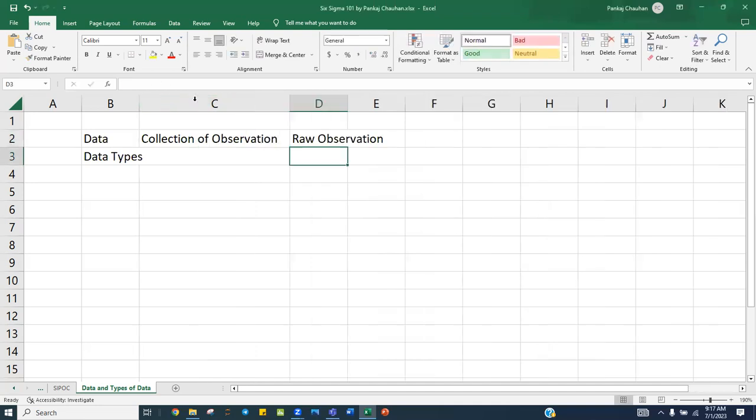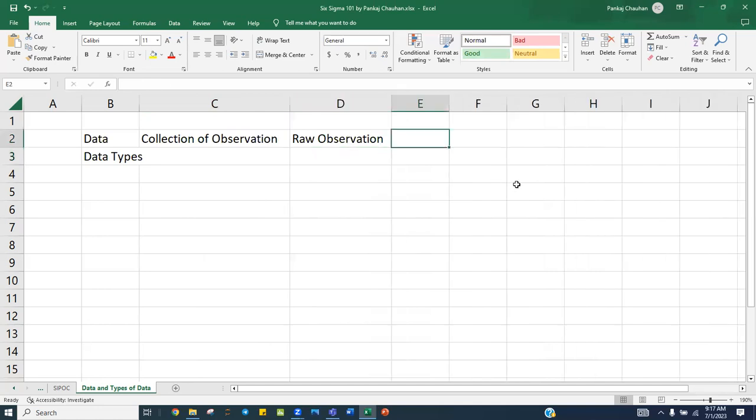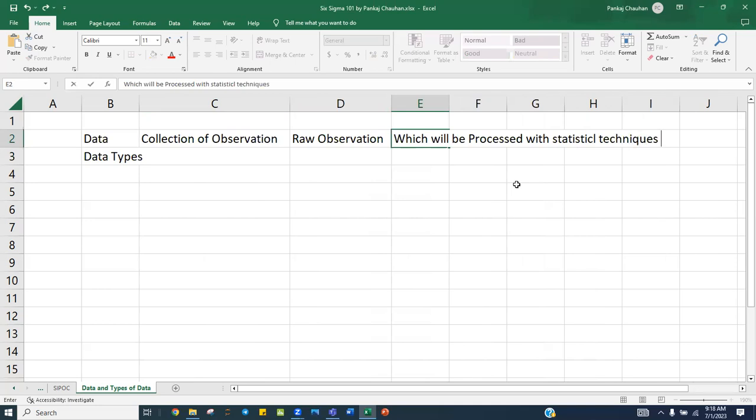These raw observations will be processed with the help of statistical techniques to convert them into meaningful information.